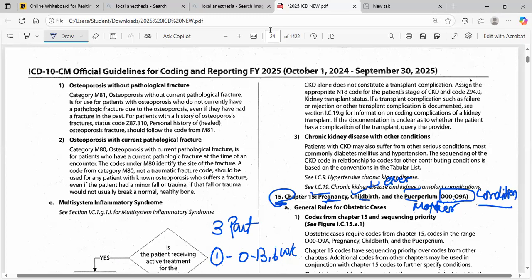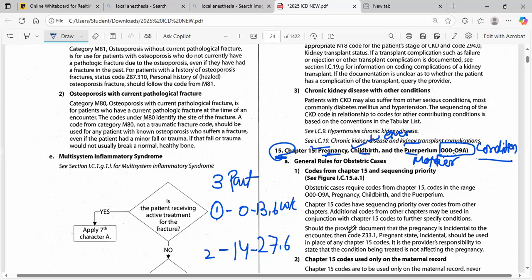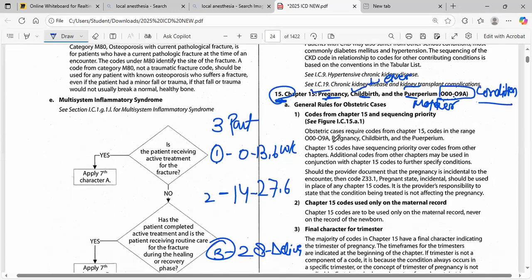So now let's start with the guidelines. The first guideline is the general rule for obstetric cases. It tells us that a code from chapter 15, that means O series, will always supersede and take sequencing priority over all other chapter codes.